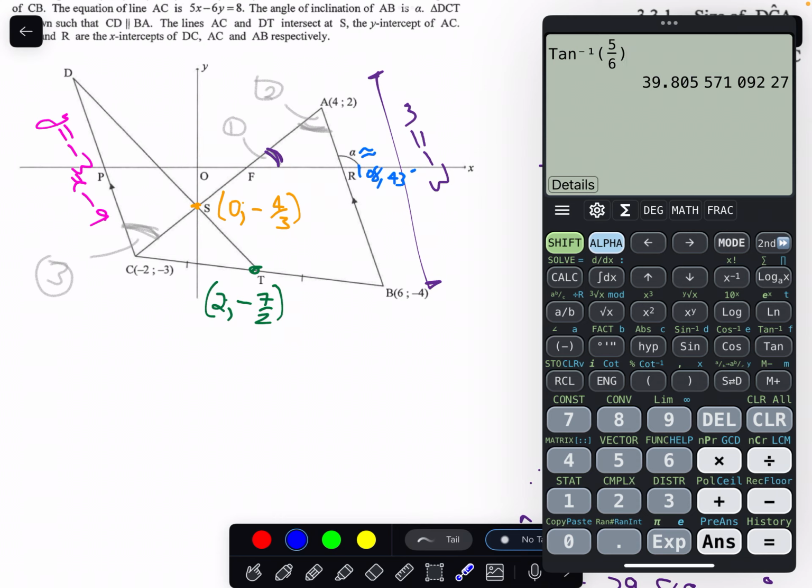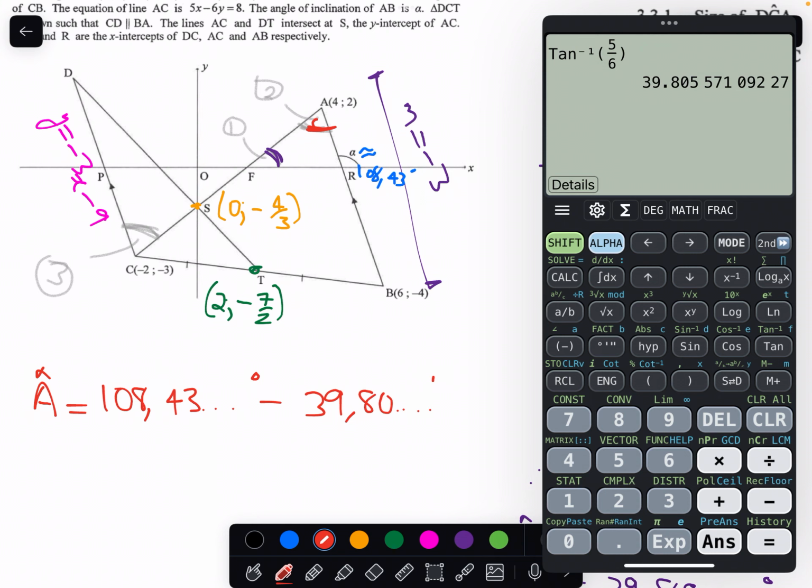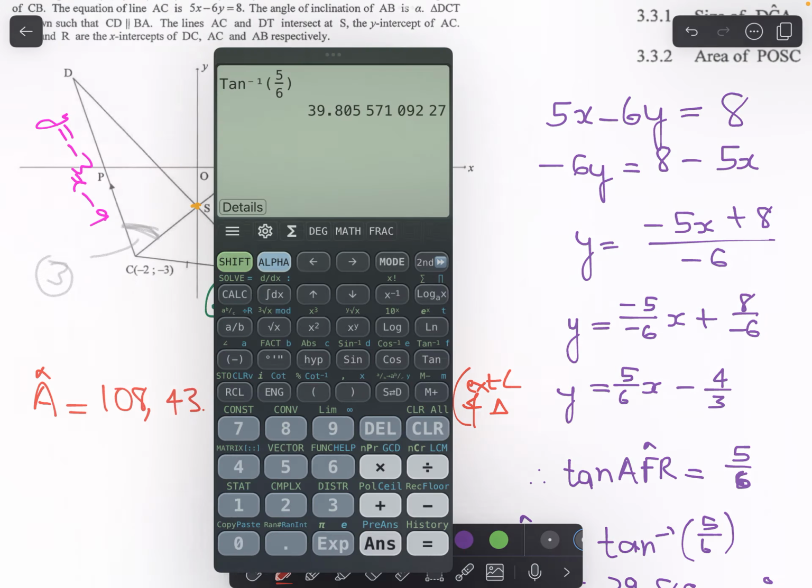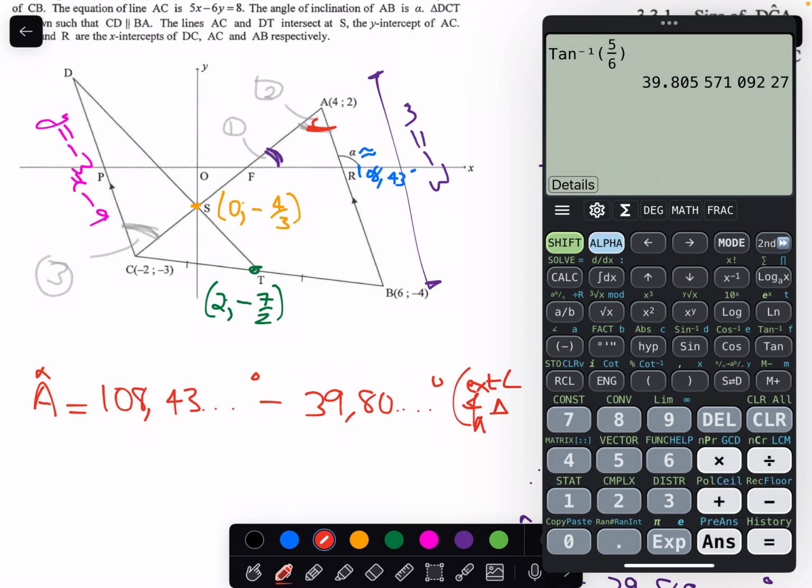So now we're going to find the size of that angle. And we will find it by saying angle A, I was going to call him A, is equal to 108,43 blah blah blah minus 39,80 blah blah blah, and the reason for that is exterior angle of triangle AFR, right?